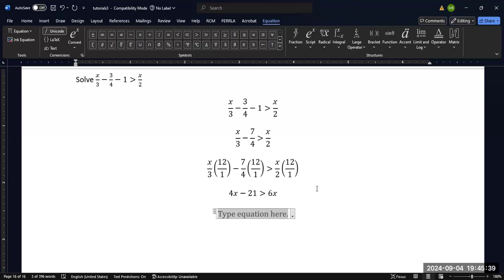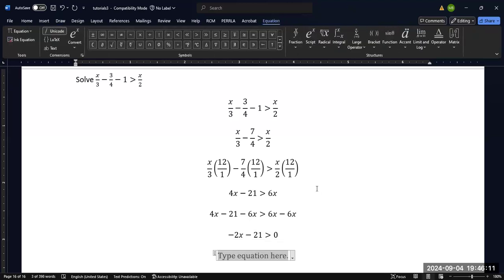Now, again, typically, we're going to try to get x on one side and the constant on the other. I can subtract 6x from both sides. So 4x minus 21 minus 6x is going to be 6x minus 6x. Combining like terms, 6x minus 6x is 0.